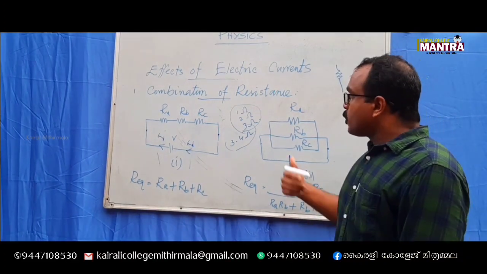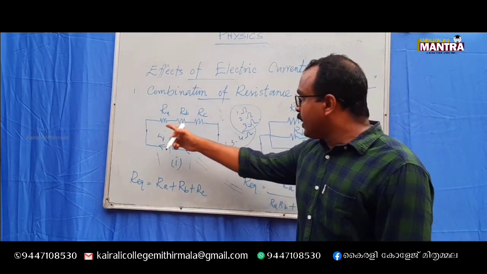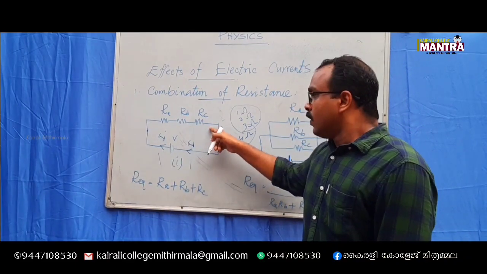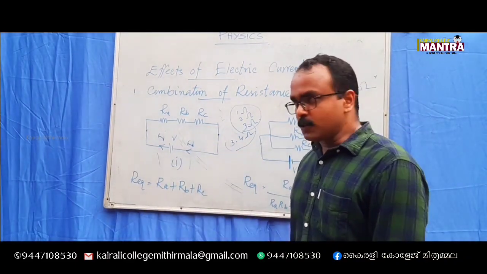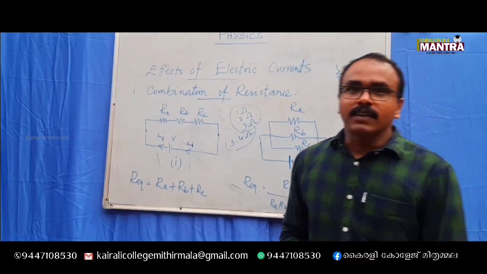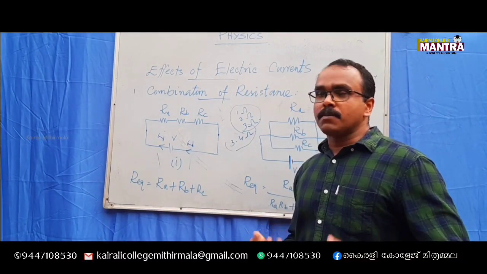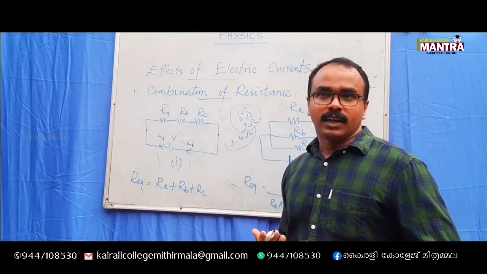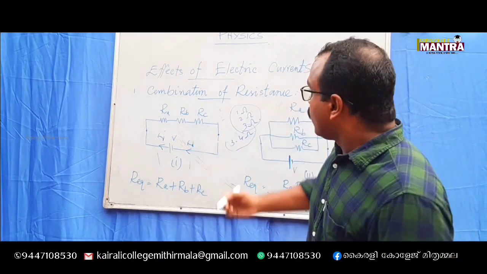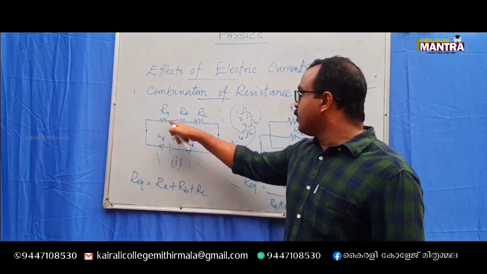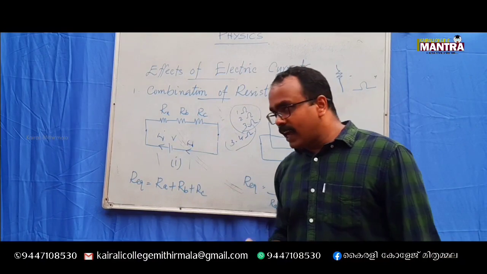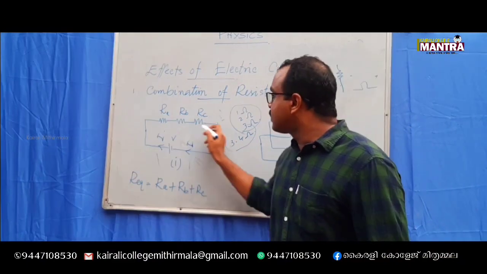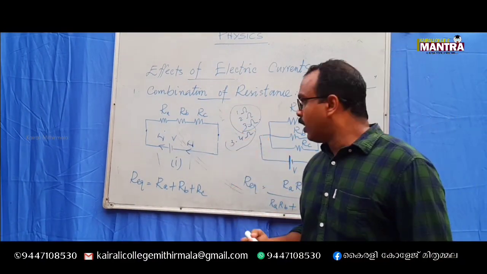So if you want to measure the current through any of these elements, how do you measure the current? That's the first question. For measuring the current, we need a current meter, that is called an ammeter. If you connect an ammeter between any of these terminals, you can see that the current through all these elements will be equal.